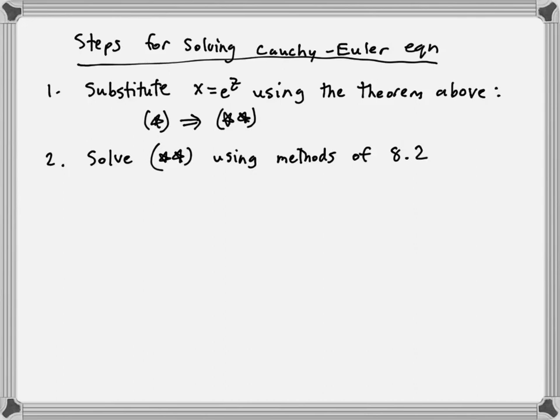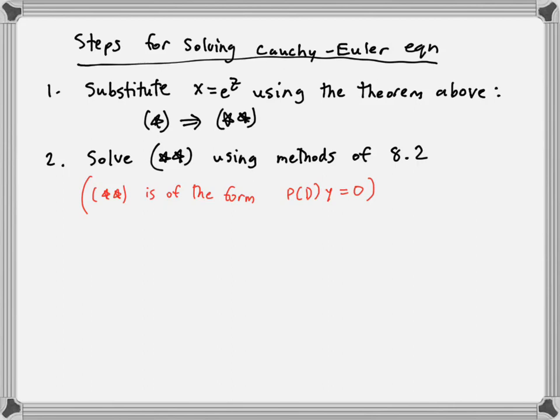Because star star is of the form P of D y is equal to 0, right? So that means you can solve it because they're all going to have constant coefficients, okay?